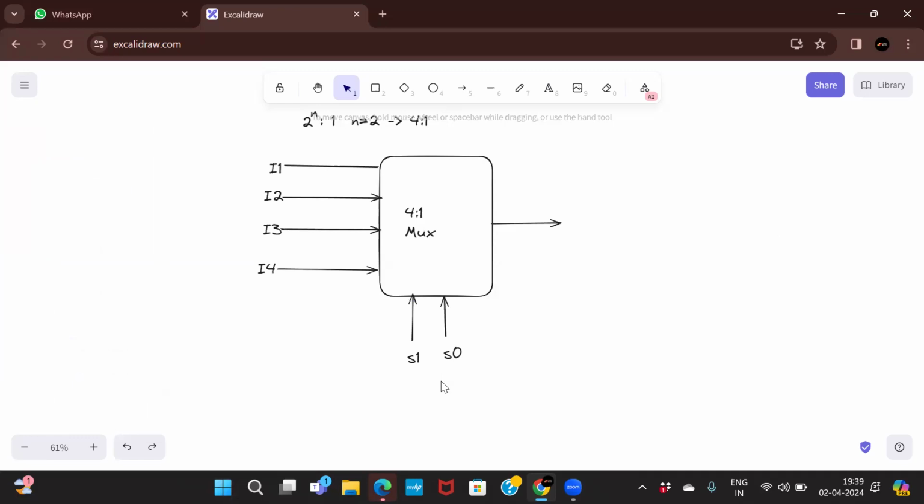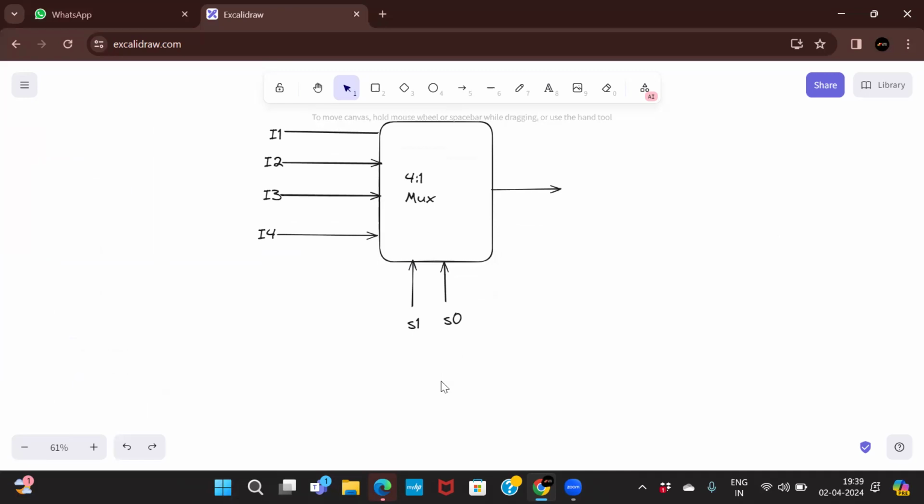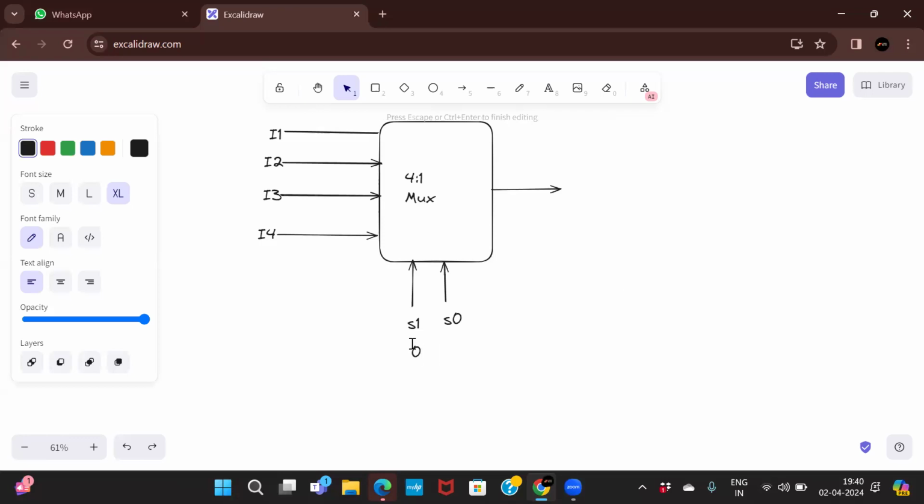So just consider S1 and S0 as select lines. So we have 2 select lines. How many binary numbers are possible? 4. Yeah. So what are they? 0 0, 0 1, 1 0, and 1 1.